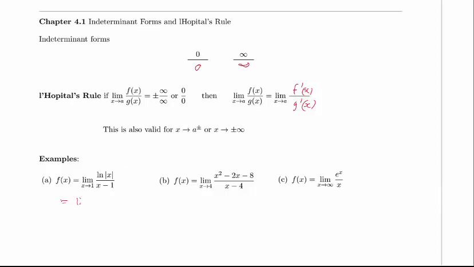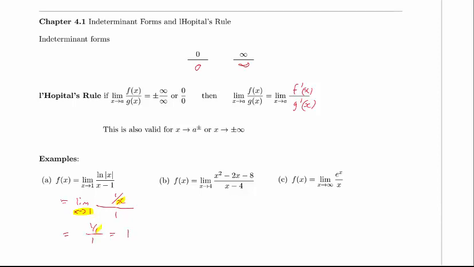So this becomes the limit as x approaches 1. And so the derivative of this is simply 1 divided by x. And then the derivative of the bottom is simply 1. And now we apply the limit.